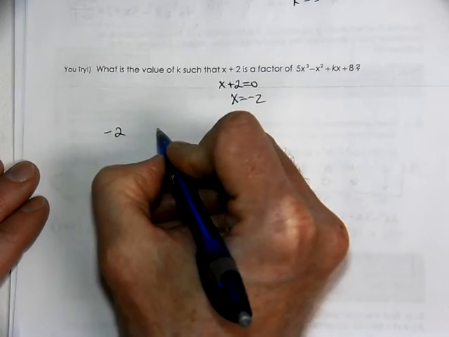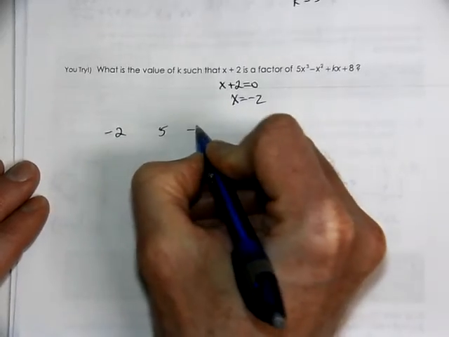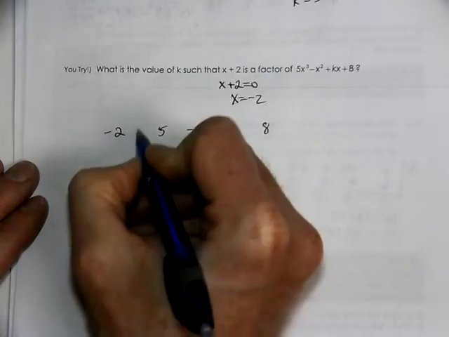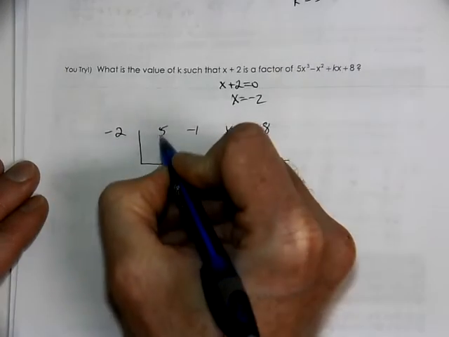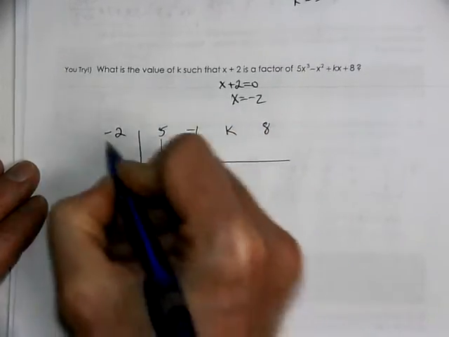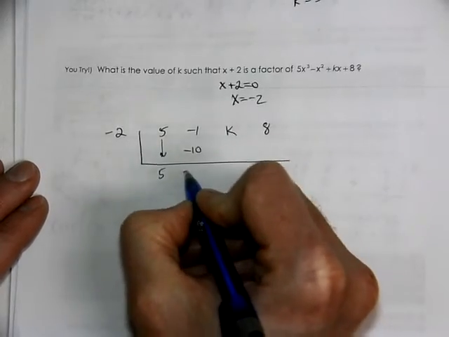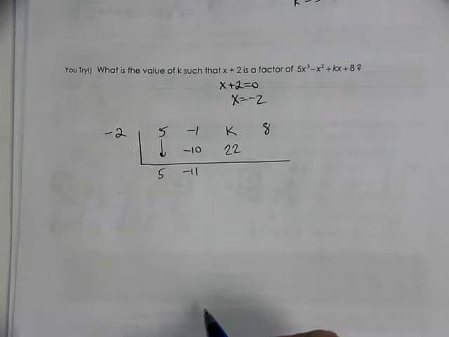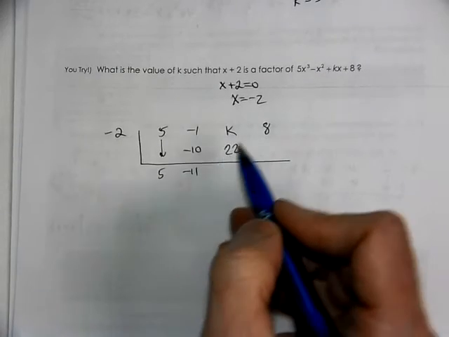Our coefficients are 5, negative 1, some k value, and 8. We're going to drop down the 5 just like normal and multiply. Gives us negative 11. Multiply to give us 22.